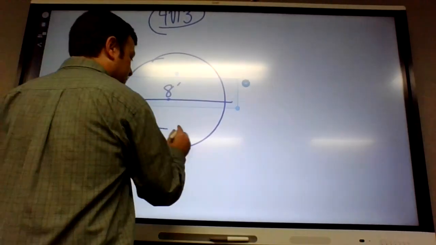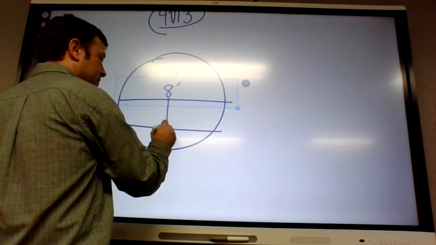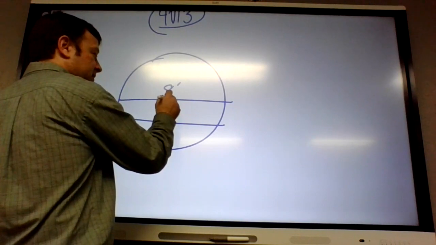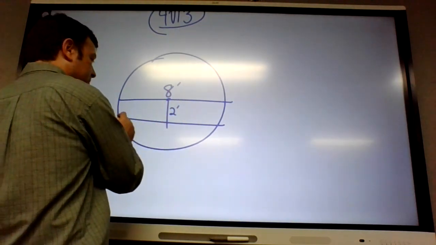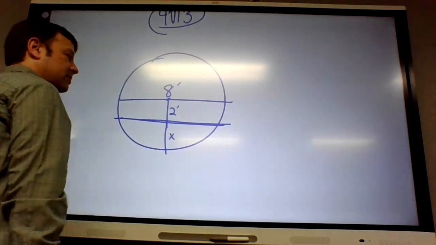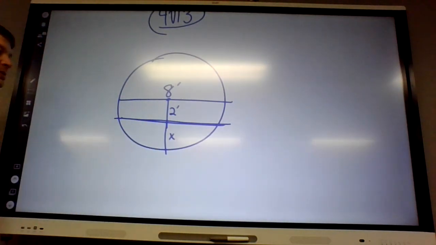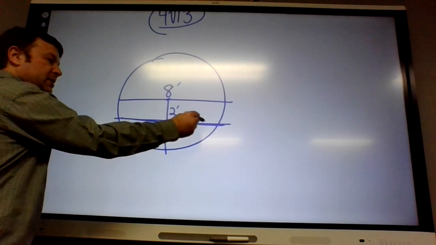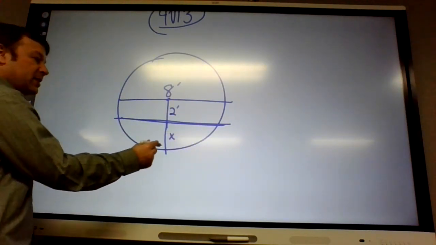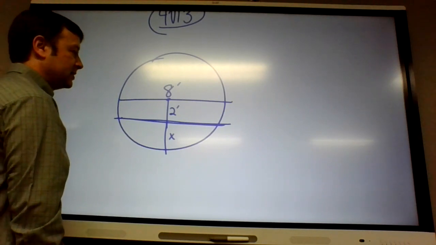So this is the ground level, and the shaft is the center, 2 feet above the ground. And the question is, how deep do we need to dig so the wheel goes underground? How deep underground does it go? So the picture looks kind of like this.